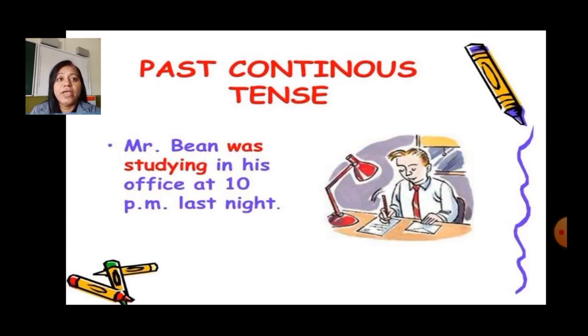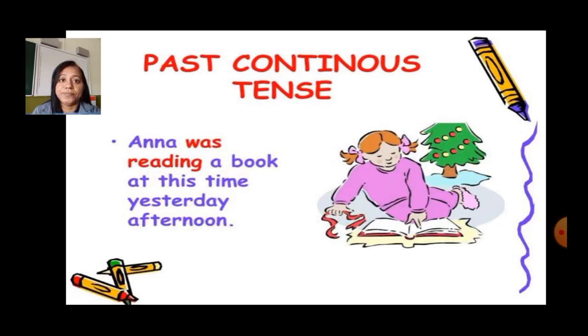Next example. Mr. Bean was studying in his office at 10 p.m. last night. Here again we are talking about last night, but at that time, Mr. Bean was studying. So that action was going on at that time, last night, 10 p.m. So we can say that it is in past continuous tense.